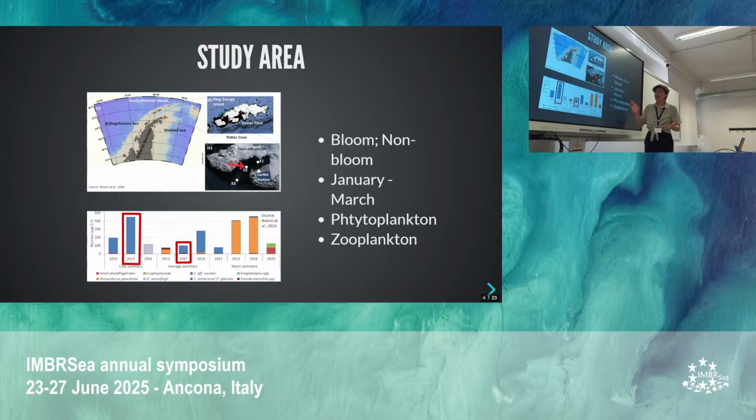The study area is Potter Cove, which is at King George Island at the West Antarctic Peninsula. More concretely, all my samples are from station E2, and they're all from the summer season as a seasonal average. As said, I have a bloom year and a non-bloom year. Those were defined in the work of Anthony et al., published last year. This is important to keep in mind, since a bloom year does not have a threshold to a non-bloom year.